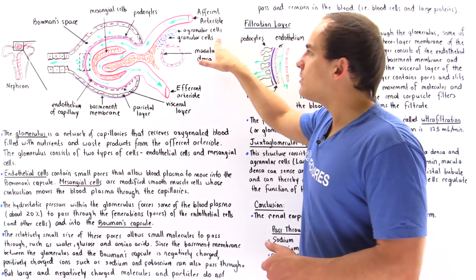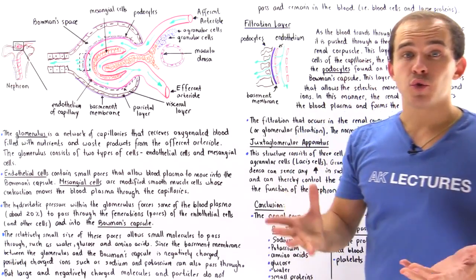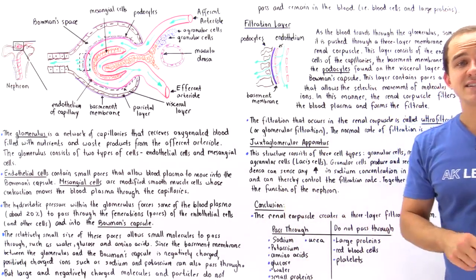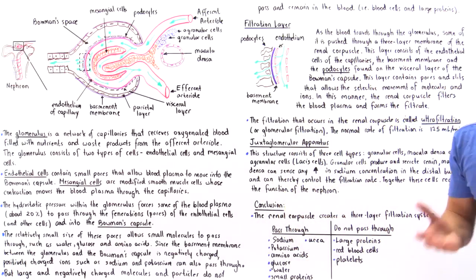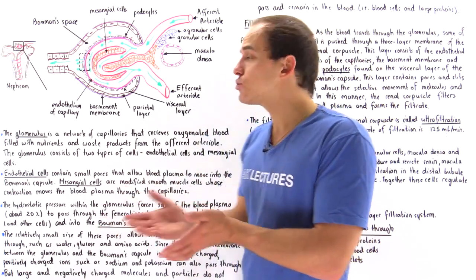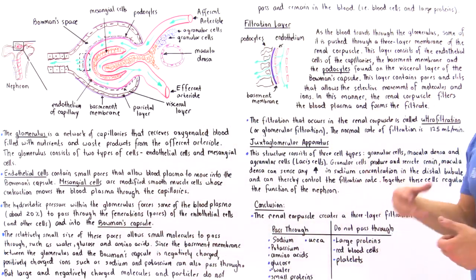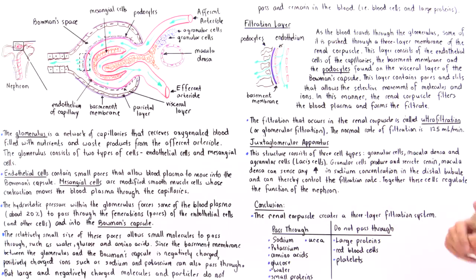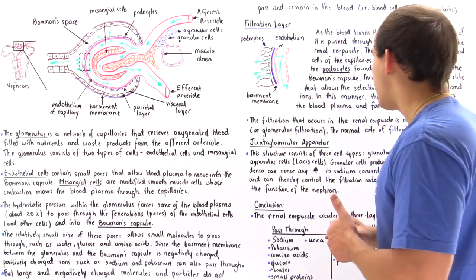Now, the granular cells are involved in secreting a type of proteolytic enzyme known as renin, and renin is involved in the renin-angiotensin-aldosterone pathway that is involved in controlling the blood volume and blood pressure inside our body.